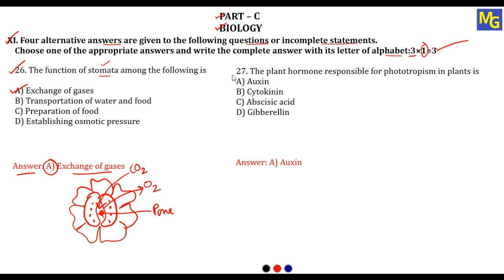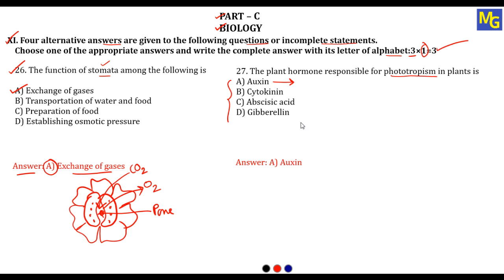Now the next question, question number 27. The plant hormone responsible for phototropism in plants is. So here we have some of the plant hormones. You can see here A is auxin, B is cytokinin, C is abscisic acid, then D is gibberellin. So out of these 4, which hormone is responsible for phototropism? If you see the roles of all the hormones, auxin is the correct answer because auxin is responsible for phototropism.